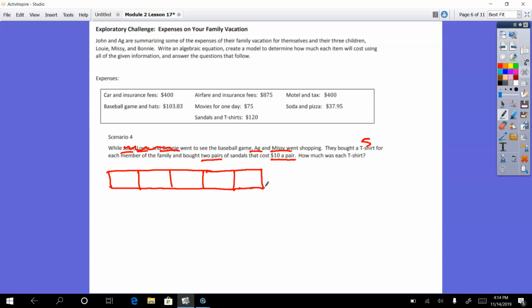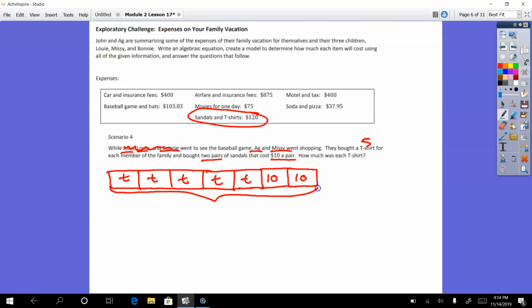And then they bought 2 pairs of sunglasses, and each one was $10. So they bought a total of 7 items. They bought 5 t-shirts, 1, 2, 3, 4, 5, and then a pair of sunglasses for 10 and another pair for 10. And we can see the sandals and the t-shirts cost $120 total.